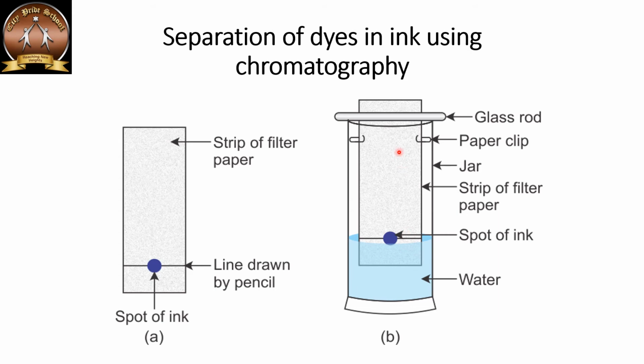Now as soon as you hang this filter paper or the chromatographic paper, with the action of the capillary rise, the solvent rises from bottom to top. As soon as the solvent is rising, it comes in contact with this mixture.